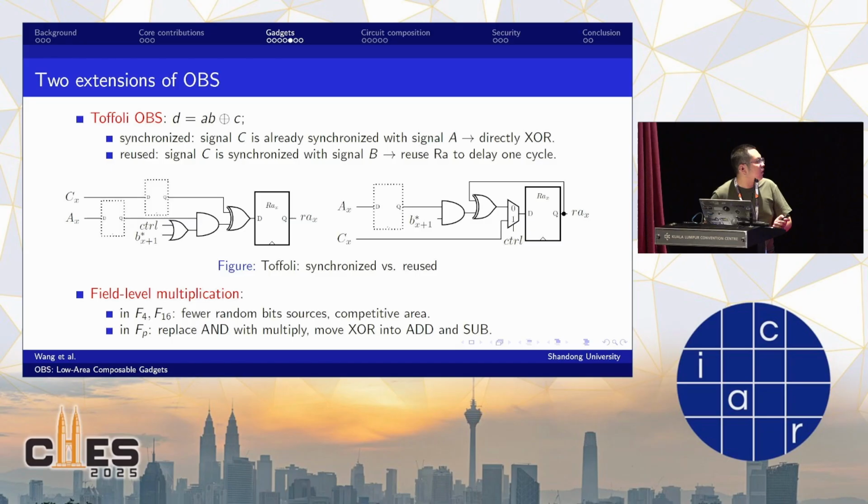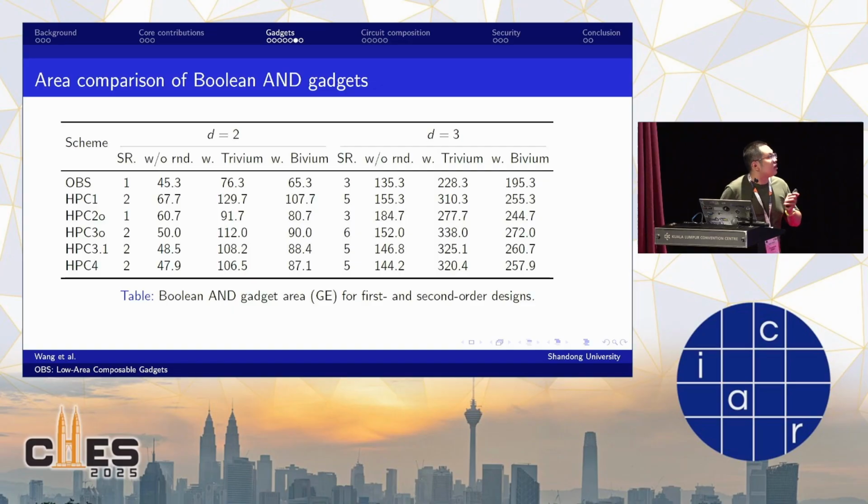In the prime field, we replace the AND with a multiply and move the XOR gates into an add or sub for the correctness. So here is our area comparison of the Boolean and the gates.